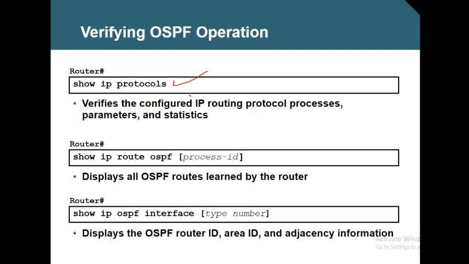Show ip route ospf process. If you are willing to see one particular OSPF route, if you are running more than one OSPF process, and I want to display only those routes learned by OSPF process ID 1, then I can say show ip route ospf 1, or show ip route ospf 50.